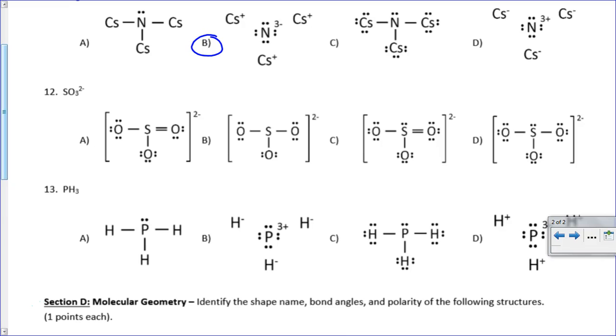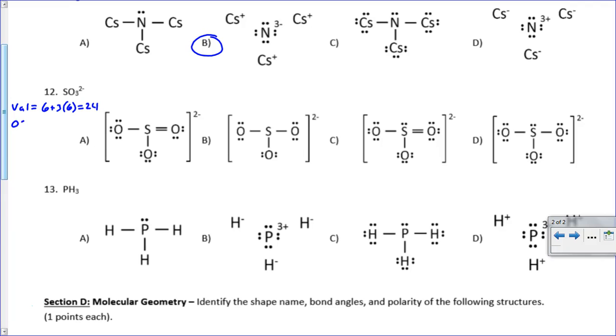For this next one, SO3 2-, we have to think about the octet minus the valence plus the charge and divide it by 2 and get the number of bonds and then make the structure that way. So we've got S, which has 6 valence electrons, and there's 3 oxygens. Those each have 6 as well, so that ends up being 24 for the valence.